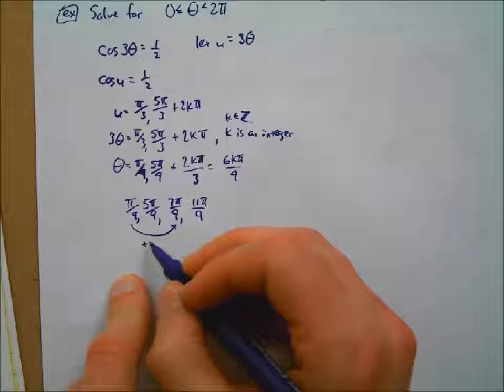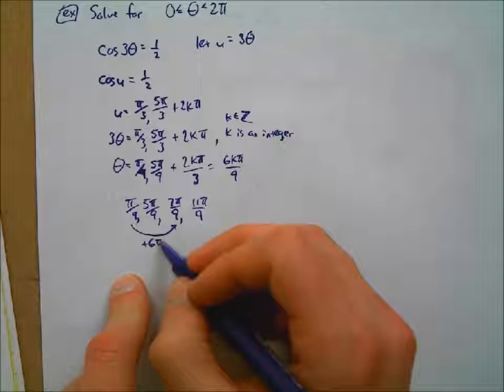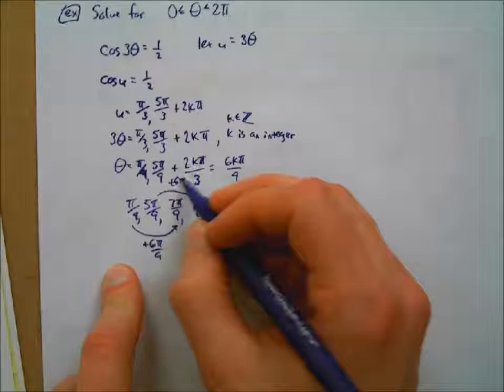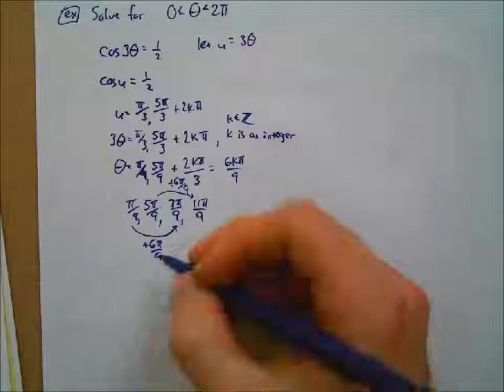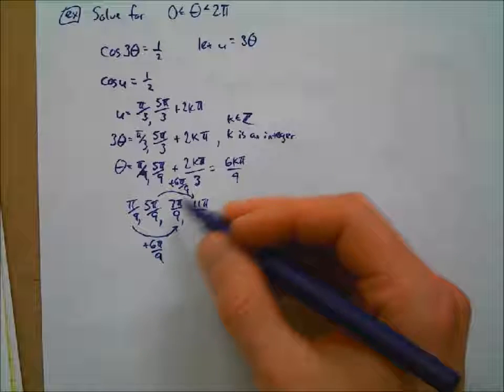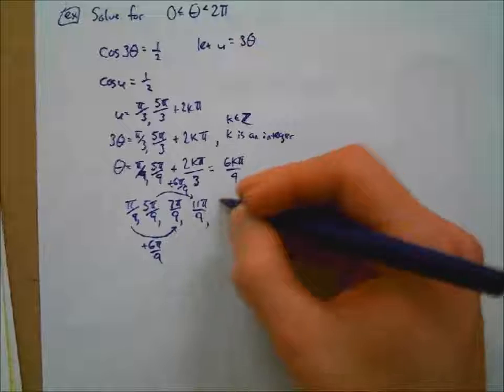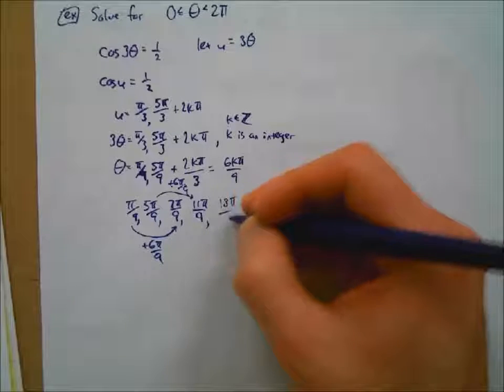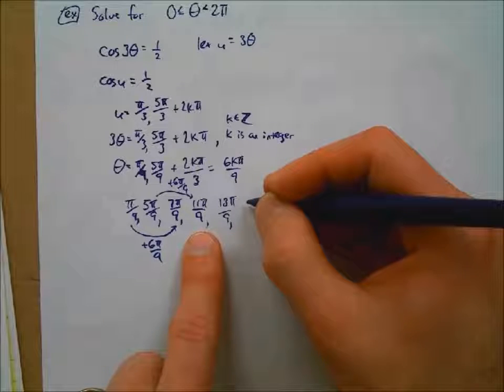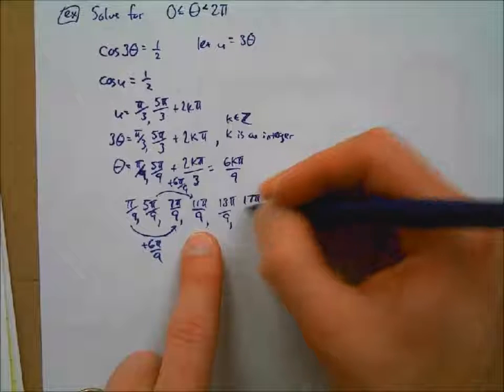I'm going to add another 6 pi over 9 to this, 13 pi over 9. I'm going to add another 6 pi over 9 to this, 17 pi over 9.